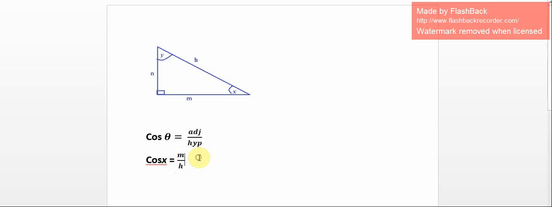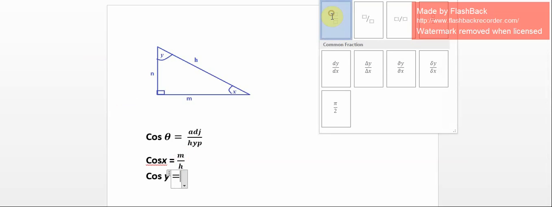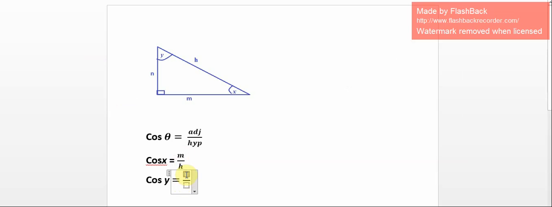If I'm looking for cos y, it will be equal to the adjacent to y, which is n, over the fixed part, which is the hypotenuse. So take note of that.